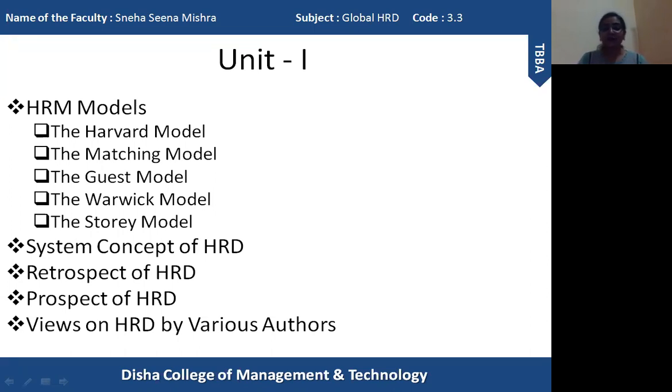Then comes retrospect and prospect. Now retrospect means the history of HRD: what are the various concepts which helped in the creation of HRD, and how human resource management had a place for HRD. Previously, human resource used to be considered just like a commodity.